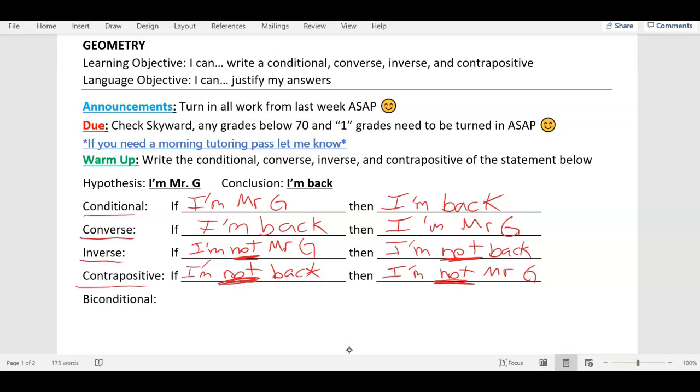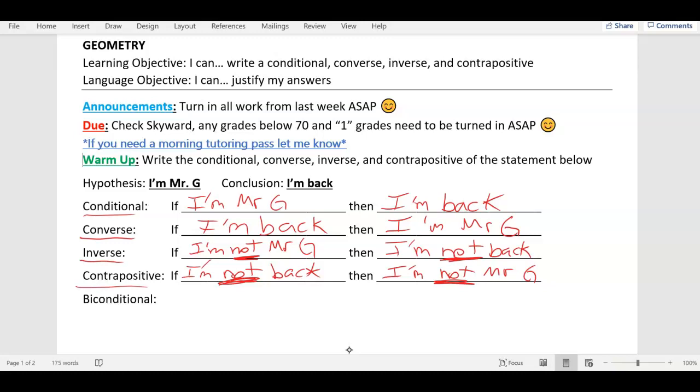Now, why am I telling you this? Biconditional has to be true going both directions. Converse and conditional. Here's how you write it. Is everyone looking up here in the back? Everybody. So when you write biconditional, you are not going to write if and then. What you're going to put in the middle is a phrase called if and only if. So let's write that first.